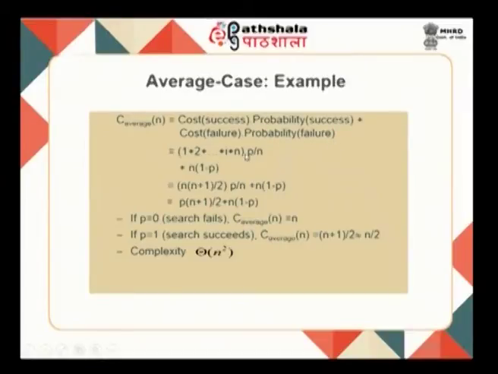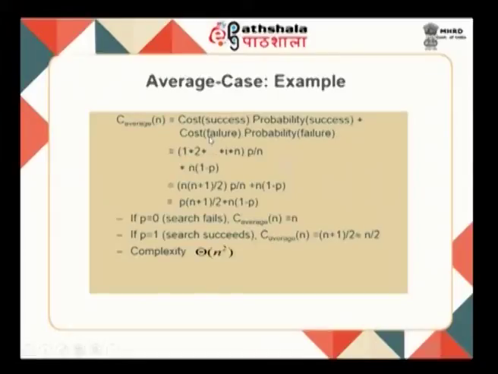Fine. The target can be the first element, the second element, the ith element, or the nth element. So, you can see very well the cost of success is 1 plus 2 up to n, and the probability of success is p by n. In other words, the target is equally likely.